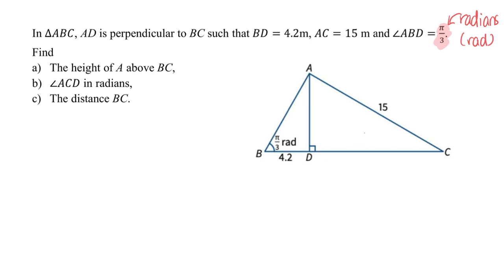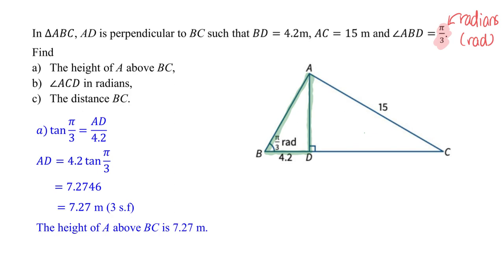Now, find the height of A above BC. So they are actually trying to find the length of AD. For this particular question, I will focus on this green right-angled triangle and apply TOA CAH SOH, because this is opposite, and this is adjacent to this angle.